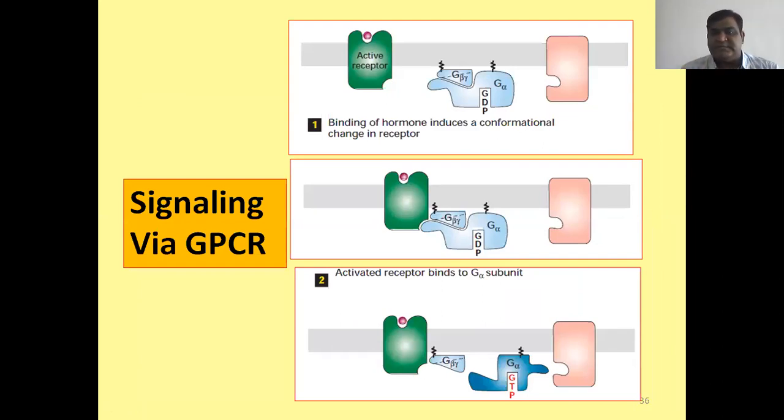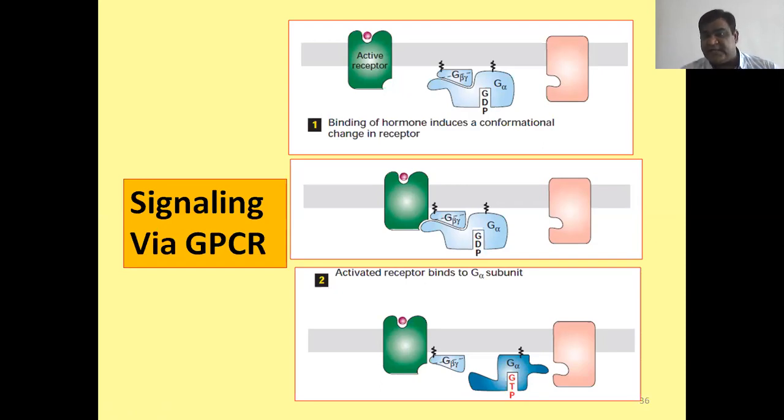Now we are discussing how the signaling is done via GPCR. The moment the ligand binds to the receptor, it becomes active. When it becomes active, there occurs a conformational change in the receptor, so the entire G protein becomes accessible to it. Its G alpha unit will have increased affinity for GTP and will become active.